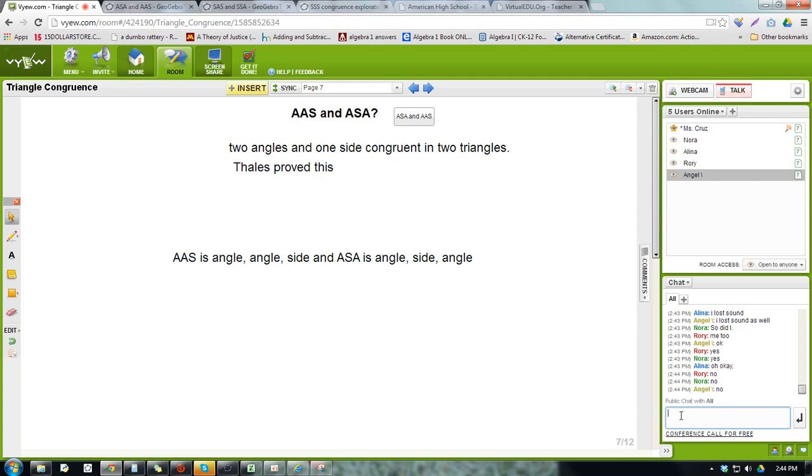We do have the two separate theorems, so whenever you're doing your work, you will have to know the difference between ASA and AAS. But you can say that if you have found two angles and one side that are congruent, that means the triangles themselves are also. So, good work on that one.